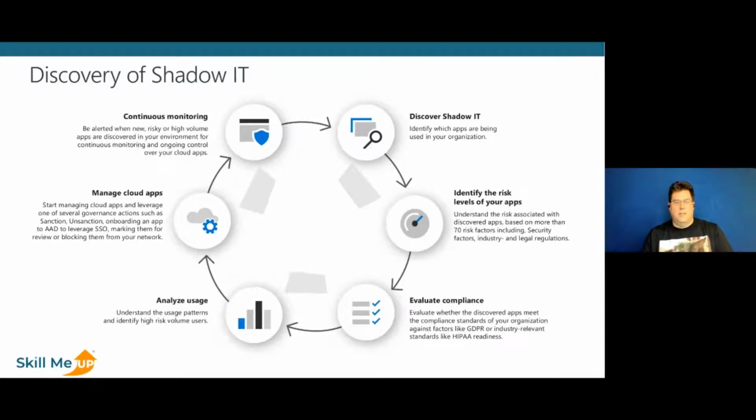And then we begin to evaluate the compliance and evaluate what applications are taking place within our environment, whether we are going to block them, or maybe we've determined that there is a business need, and we talk to the users that are using them. We see a significant number of users, and they have a specific business need for them, and we find that the level of risk that they put on our organization is not one that is going to bear any issues.